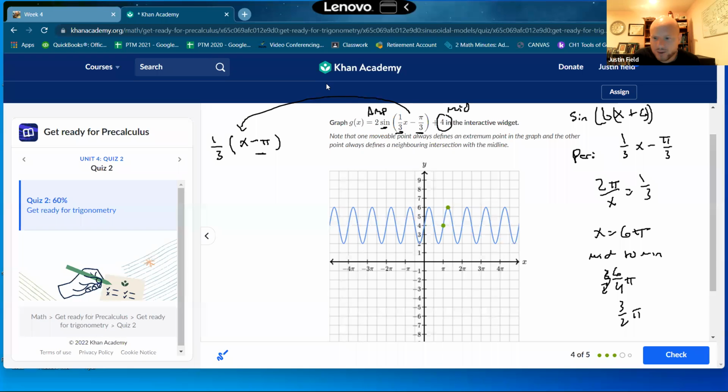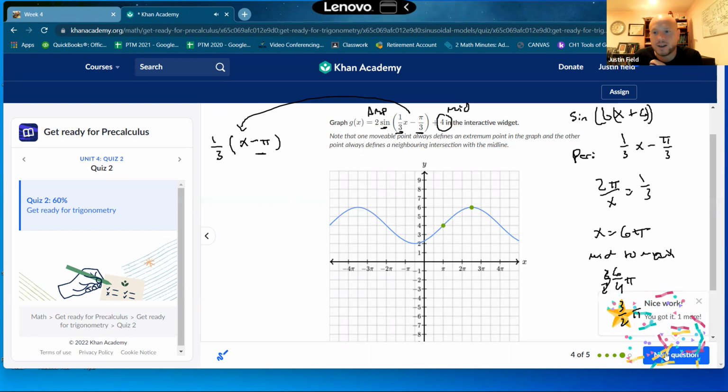This is not reflected, so all right, there we go. Fix that. So 3 over 2 pi, or 1.5. So we got to go from pi, we got to go to 2 pi, and then halfway more. And then that will give us that period of 6 pi from peak to peak. 3 pi, 3 pi. Hey, I think it's good.